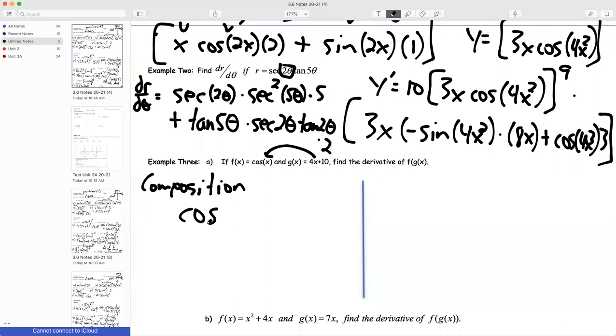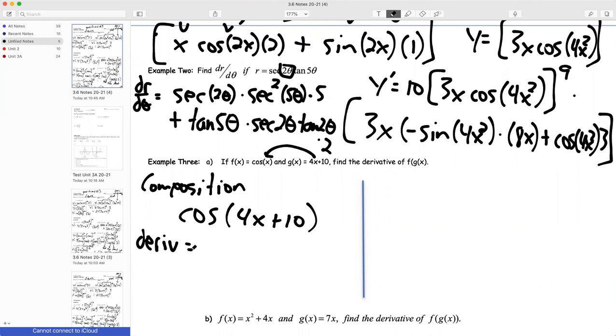I'm going to take cosine, and then instead of writing x, I'm going to substitute in g of x, which is 4x plus 10. Now I'm going to take the derivative. What's the derivative of cosine of 4x plus 10?